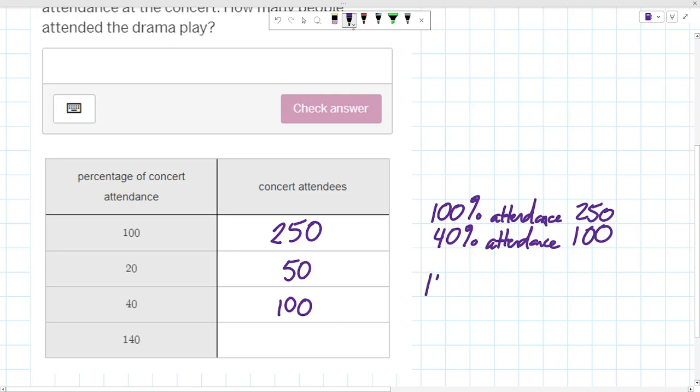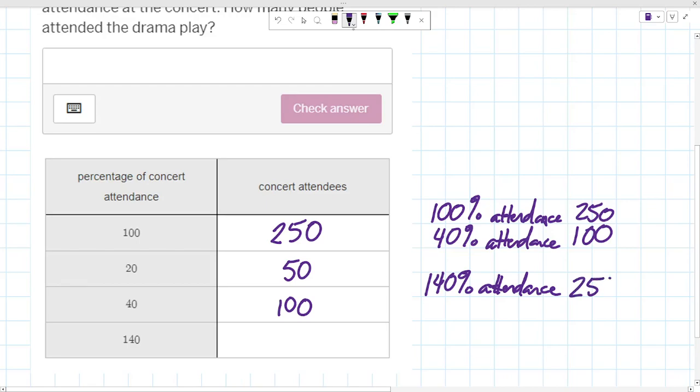What would 140% be? Well, that's like 100% plus 40%. So we could do 250 plus 100. And that would give us 350. So that means 350 people attended the drama night.